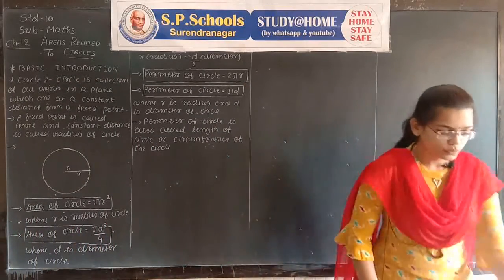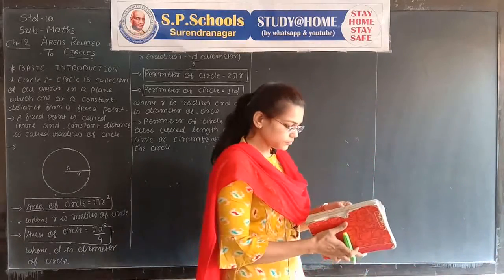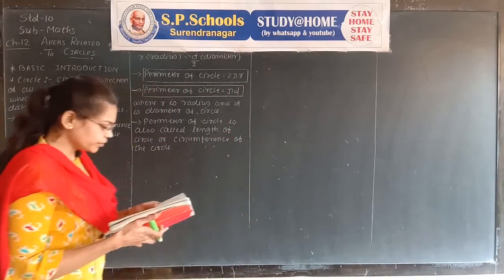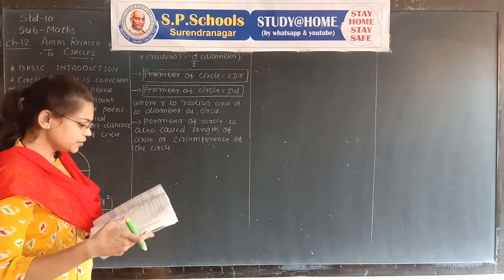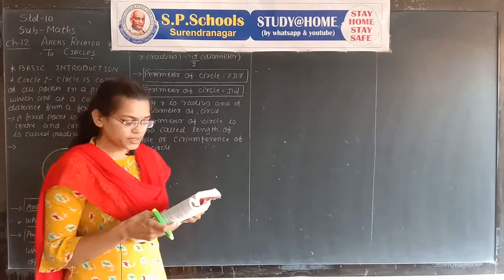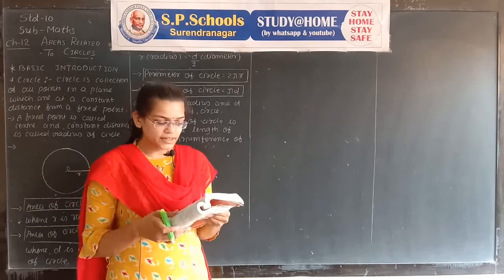In your textbook, one thing is given at the start, on page number 2 to 4: the circumference of a circle bears a constant ratio with its diameter. This constant ratio is denoted by the Greek letter pi.